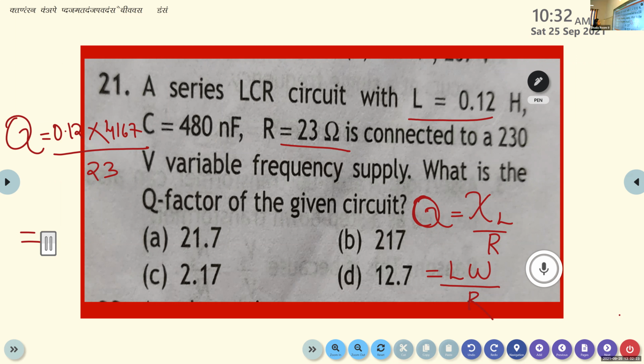So quality factor Q is equal to 0.12 into 4167 divided by 23. Try to find out the quality factor. 0.12 into 4167 divided by 23.